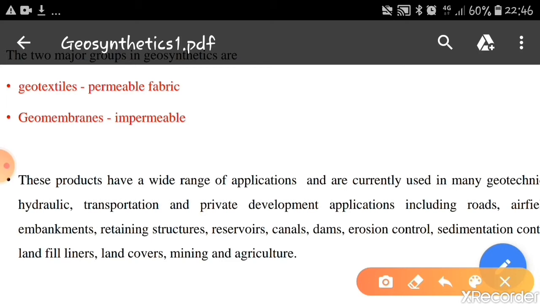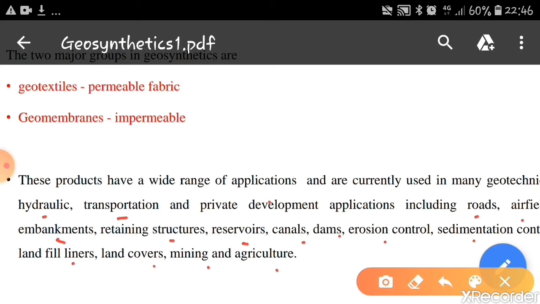These products have a wide range of applications and are currently used in many geotechnical applications like hydraulics, transportation, and private development applications. For example, road construction, airfields, embankment construction, retaining structures, reservoirs, canals, dams, erosion control, sedimentation control, landfill liners, landfill covers, mining, and agriculture.